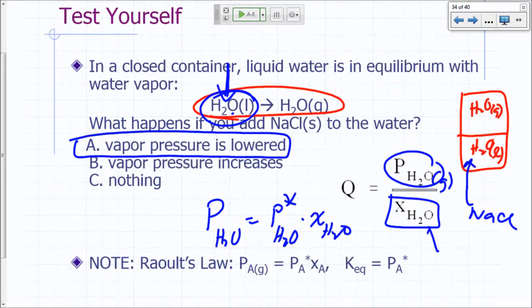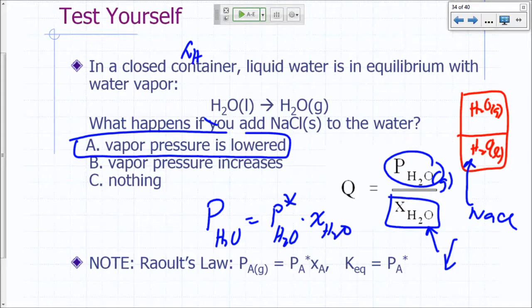So if you're contaminating your liquid, you're lowering the mole fraction of your water in the liquid. What happens to Q? It goes up. And so if Q goes up, which way will the reaction shift? If Q increases, mole fraction of water goes down, Q increases, which way will the reaction shift?